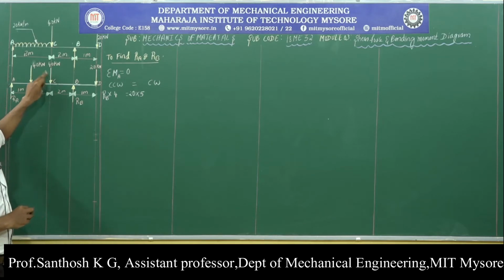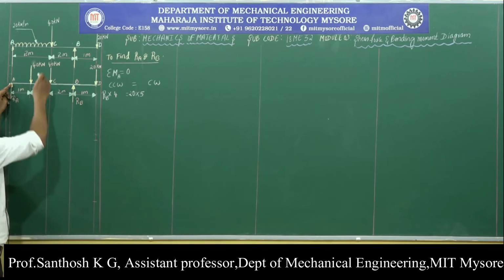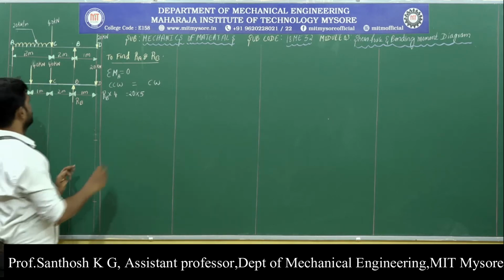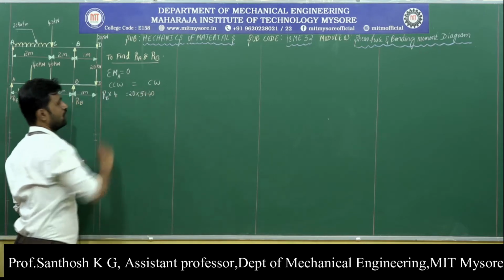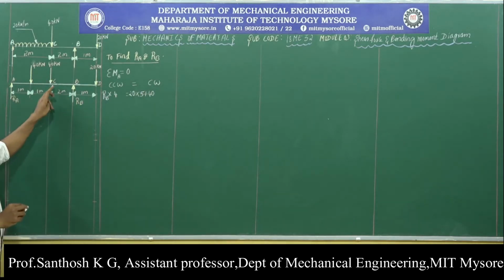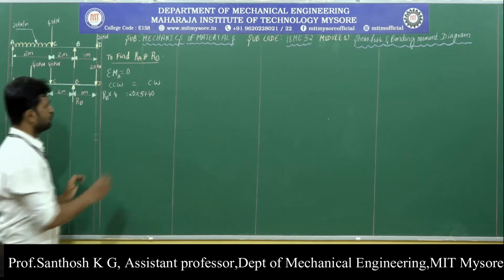Then we have a force of 40 kilonewton at point C. This force is going to rotate the beam in the clockwise direction. As a result, we get a clockwise moment, and its magnitude equals 40 into the distance between C and A, which is 2.